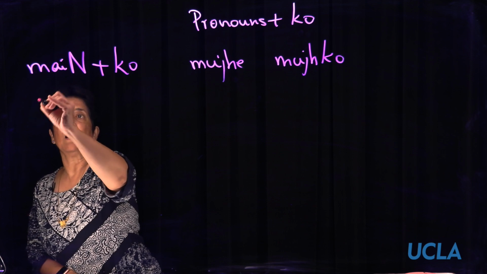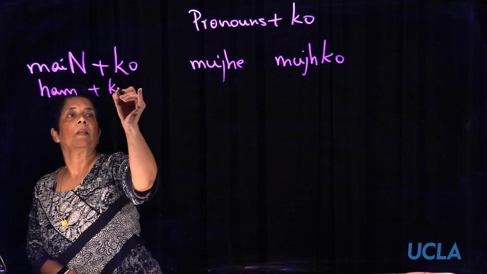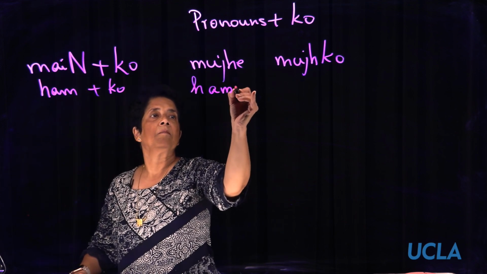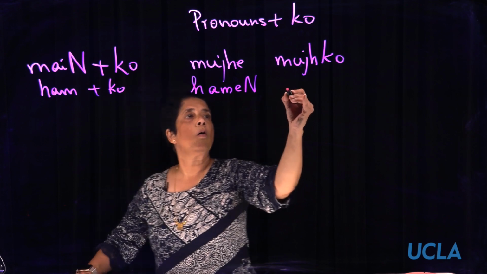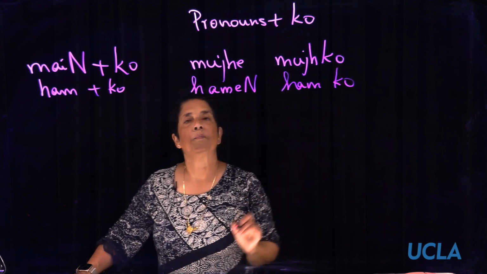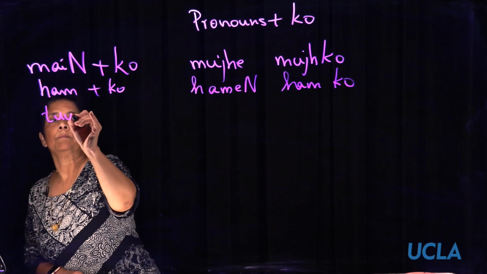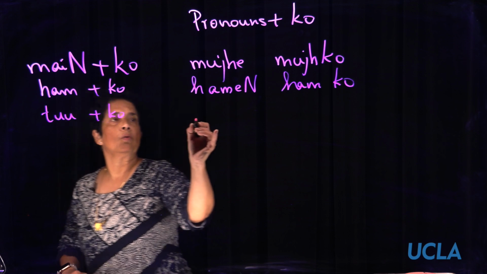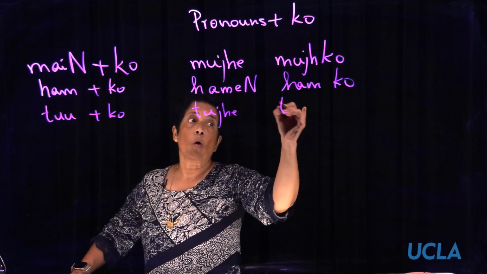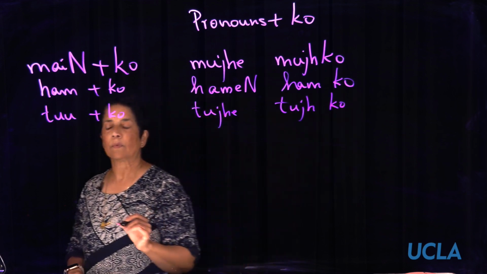If we take hum, then we get hame, or you can get hum ko. Okay. If you have tu, you get tujhe, and you can also get tuj ko.